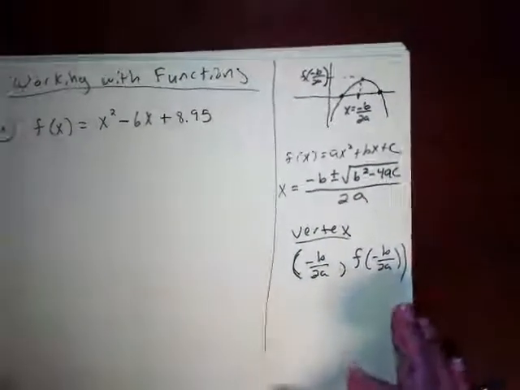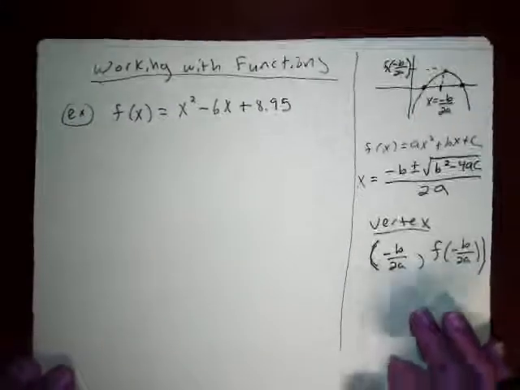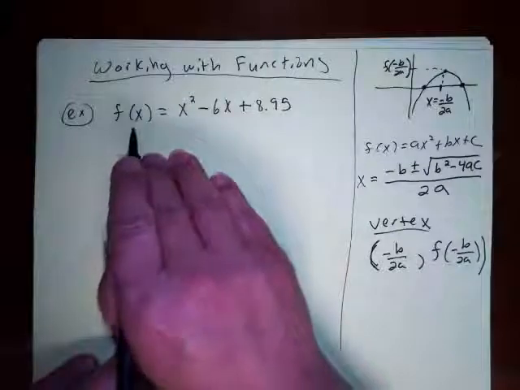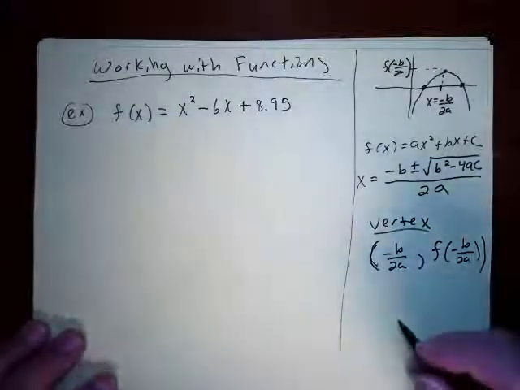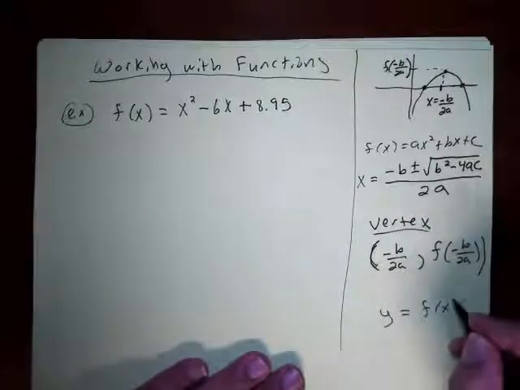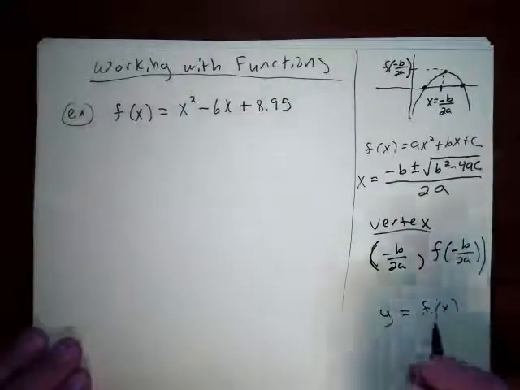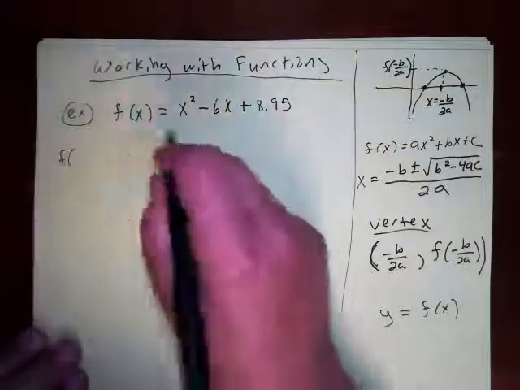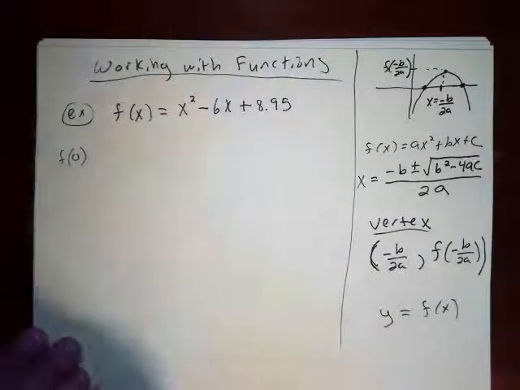And so let me talk about that function notation. So this is function notation, f of x. And really, basically, y is equal to the f of x value. So let's say I want to evaluate this function at 0.